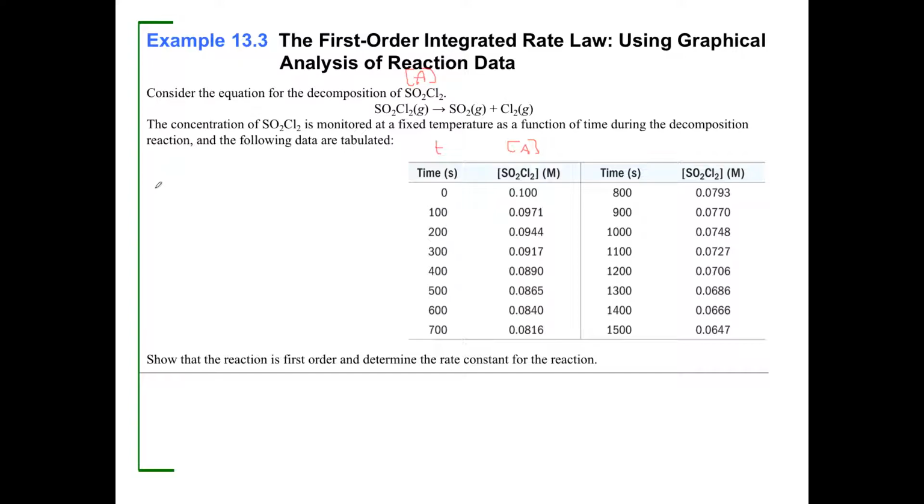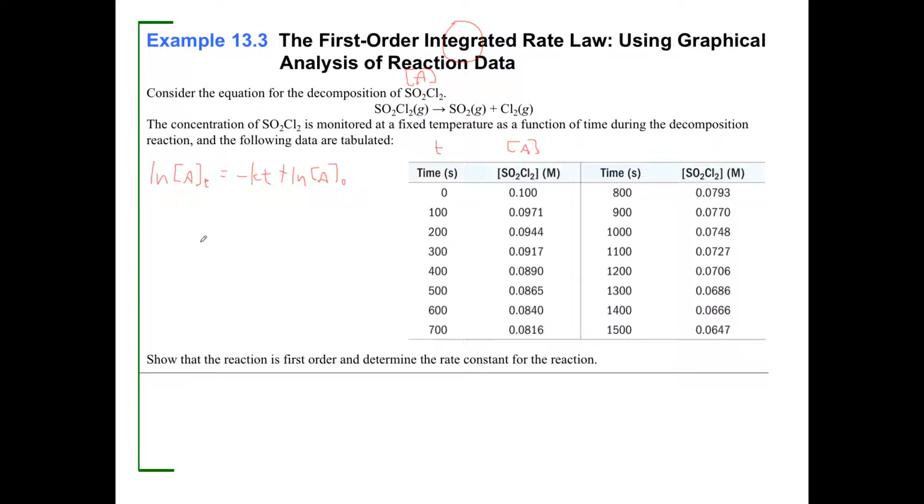The way I'm going to do this is, if it's first order and I've got times, I'm going to use the integrated rate law, the IRL. My integrated rate law, again, is the natural log of A at time t equal to minus kt plus the natural log of A0.